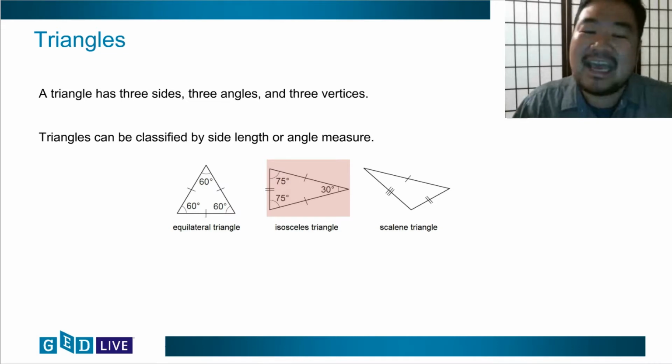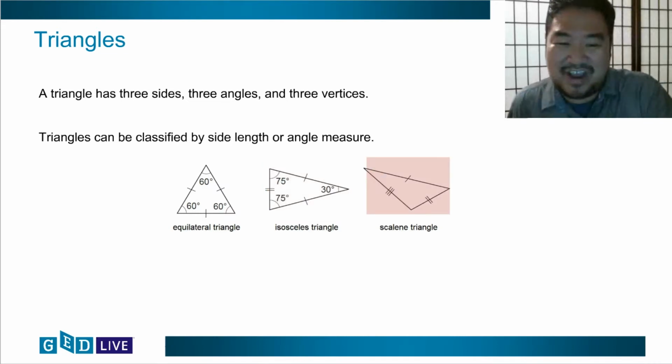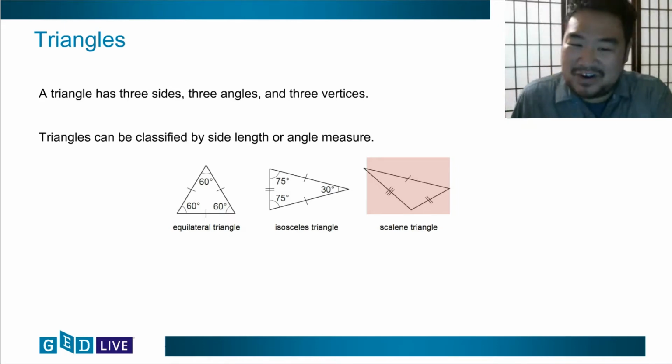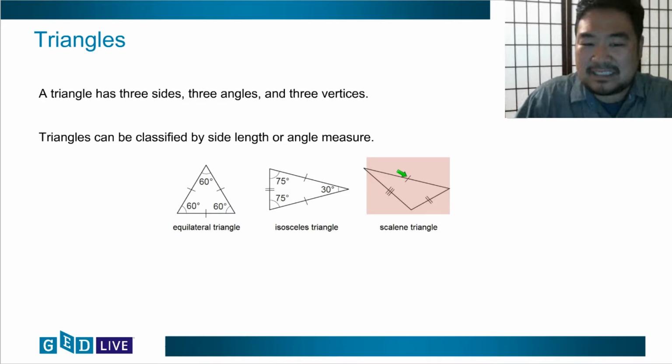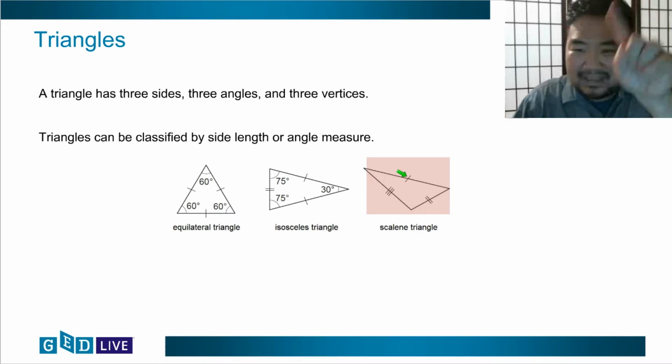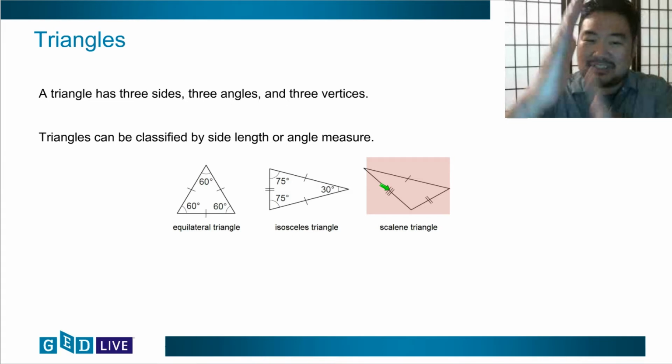And then you have the scalene triangle. In the scalene triangle, a little bit of a hint here is that notice how this side is marked off with one little tick mark, but here it's marked with two little tick marks, and here it's marked with three little tick marks. So to be clear, it does not mean that's 1, 2, and 3.